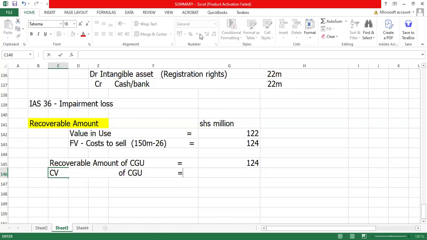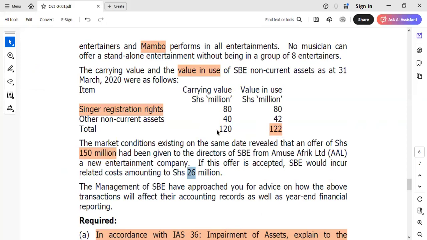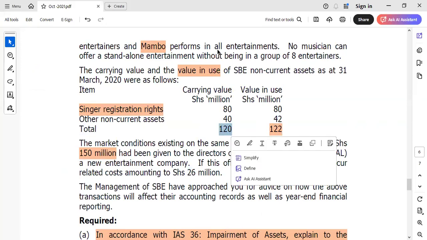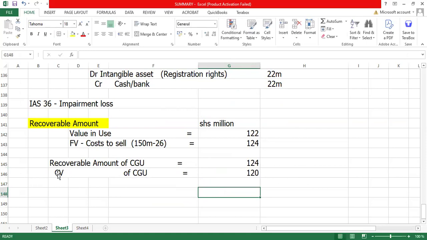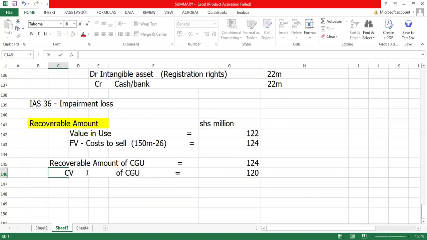The carrying value of this CGU is 120. So is this CGU impaired or not?